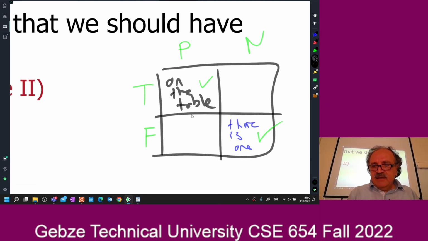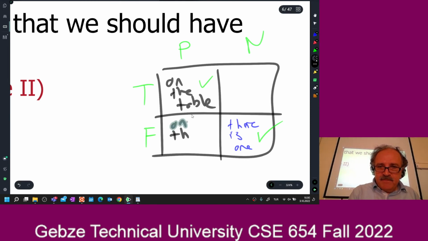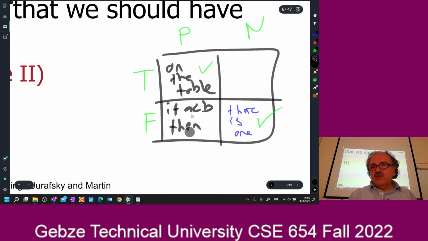Let's make a false positive. False positive: if A less than B, then... so this is a false positive.